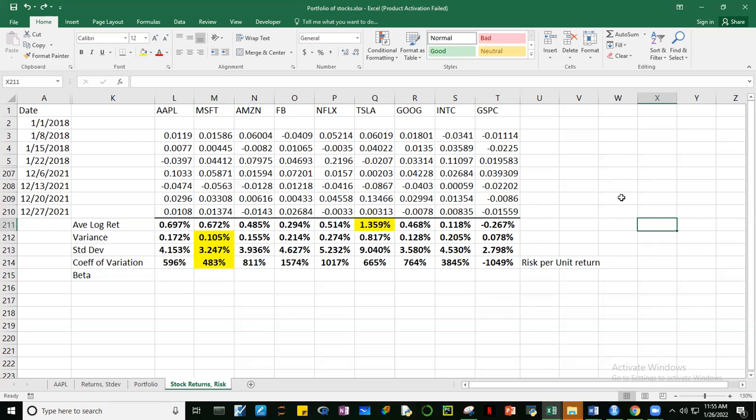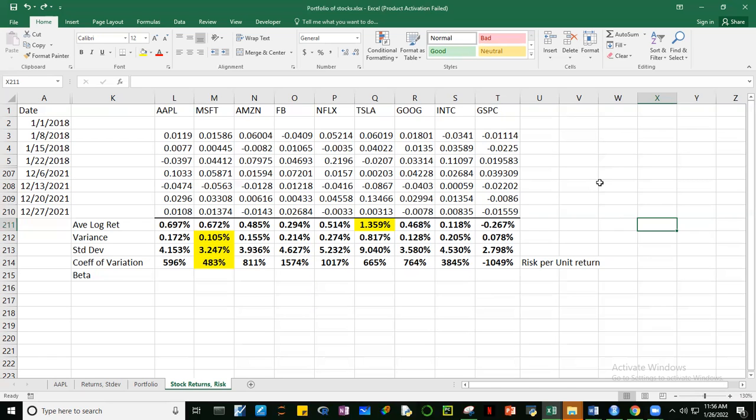So beta is very important, particularly to investors, because they are guided by it. For example, if the beta is 1.5, they know that if they really want high returns, they'll pick stocks with a beta greater than 1. If I'm a bit conservative, I won't, because remember guys, stocks can go up or can go down.